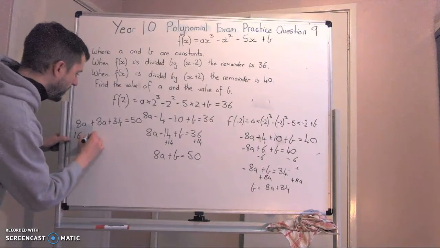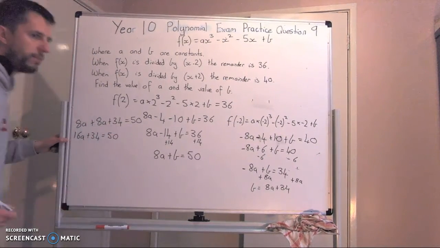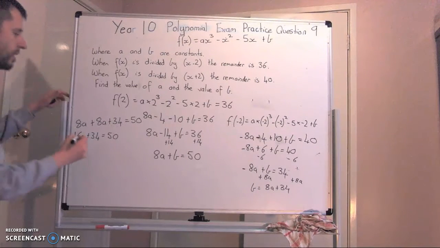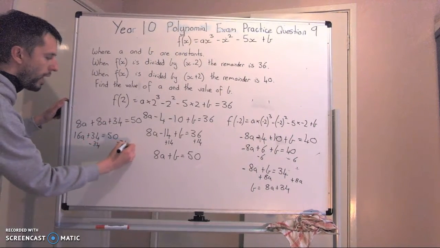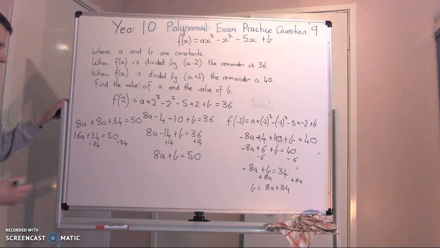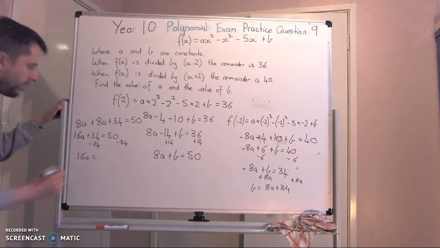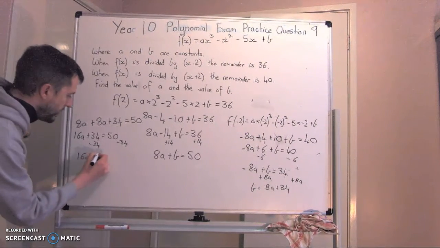Then I've got 16a plus 34 is equal to 50. I would like to get rid of my 34 on this side, so I need to take it away. I'm taking 34 away from both sides. That leaves me with 16a is equal to 50 take away 34, which is 16.